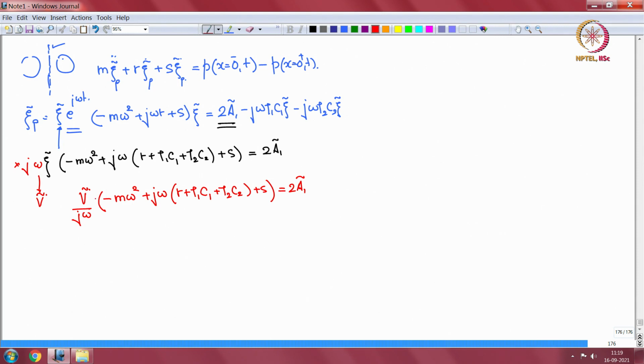If we now bring this j omega inside, I get v tilde times r plus rho 1 c1 plus rho 2 c2, and then I get j m omega minus s over omega. That is equal to twice a1 tilde.